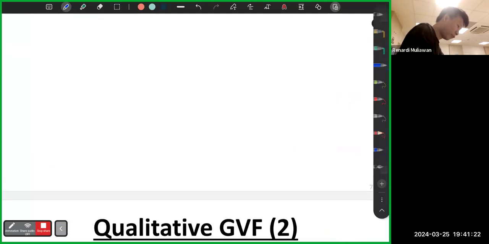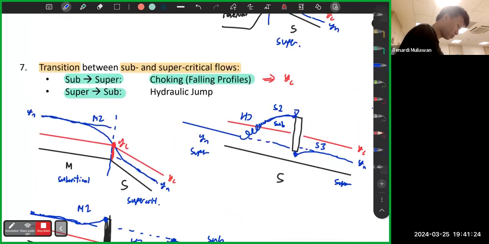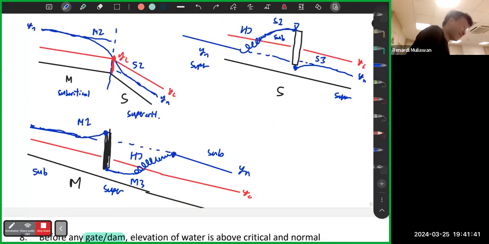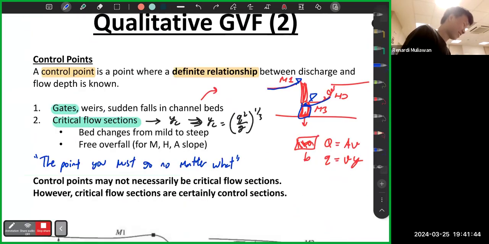Okay. Then if we go back to this one, mild and steep slope, M2, S2. No matter what, it must pass through YC. So YC is a control point. It's a point that we must always go through no matter what. So that's another way to say it, but yeah, that's very informal.